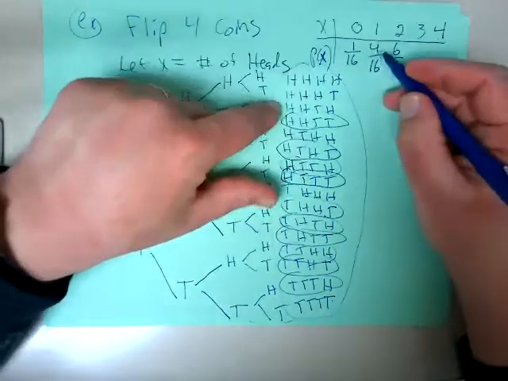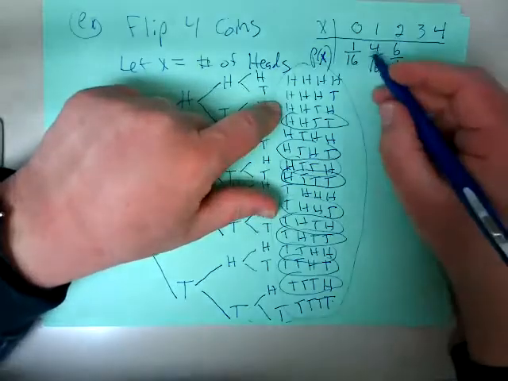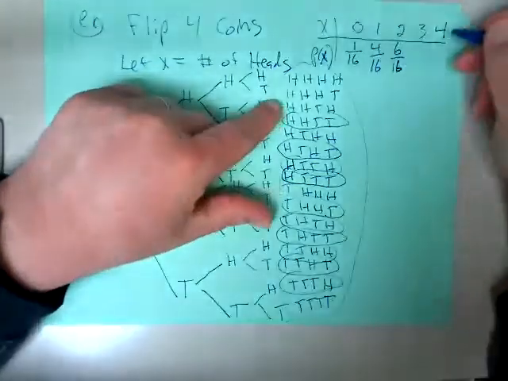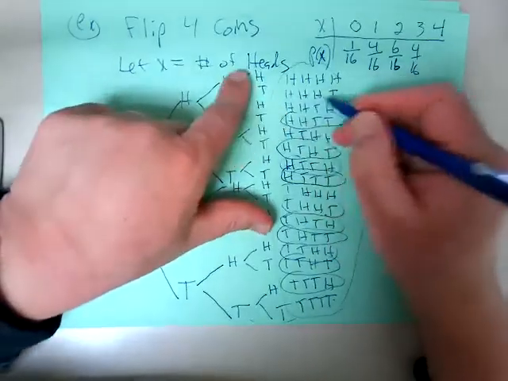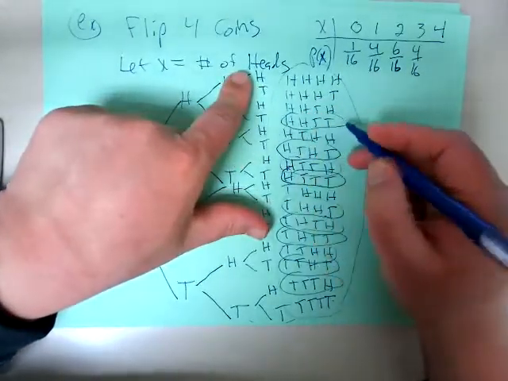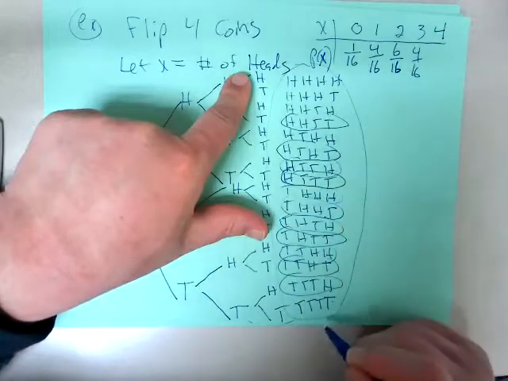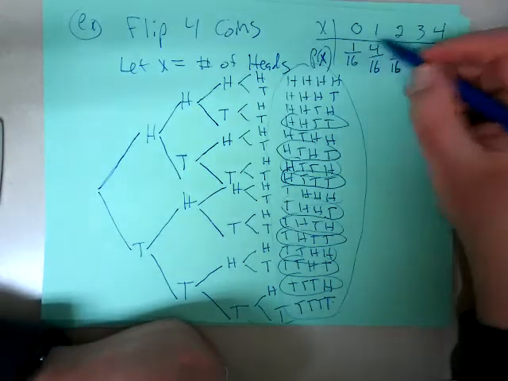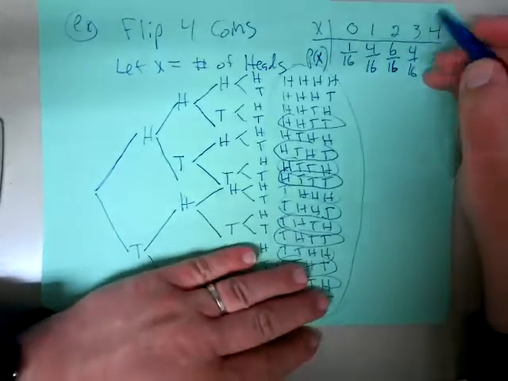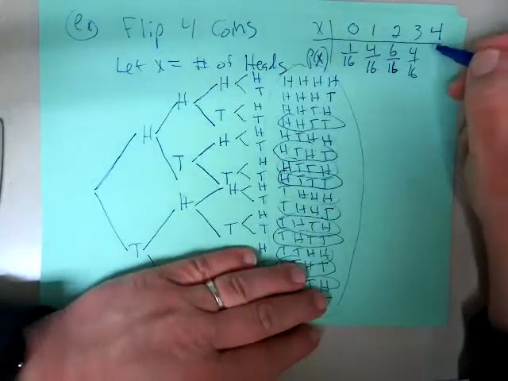3 heads. This is going to be symmetrical, and you'll see that 3 heads is actually 4 out of 16 again. But you can count them. There's 1, 2, 3, 4, and those are the 4 where you have 3 heads. And it's kind of clear why this would be symmetrical, isn't it?